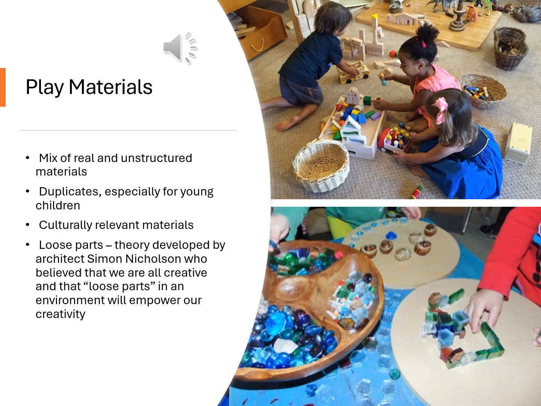So naturally occurring things on the earth and in the world rather than man-made things, and as many things that are unstructured as you can, because unstructured things like the toys in the two pictures allow children to use materials in an open-ended way and be creative and to have the play head in the direction that they are interested in rather than a predetermined way that the play materials must be used.